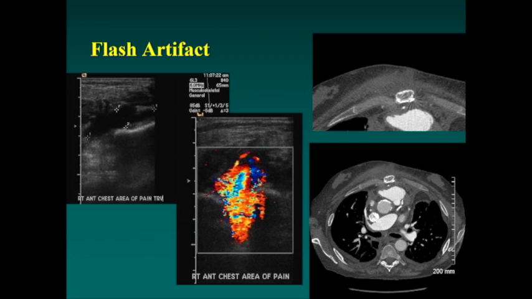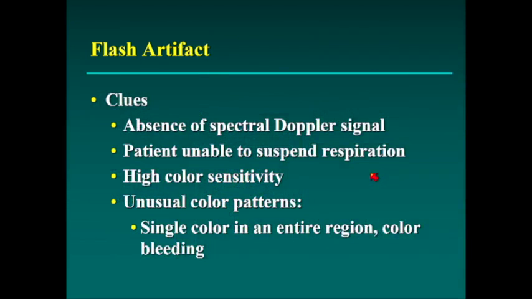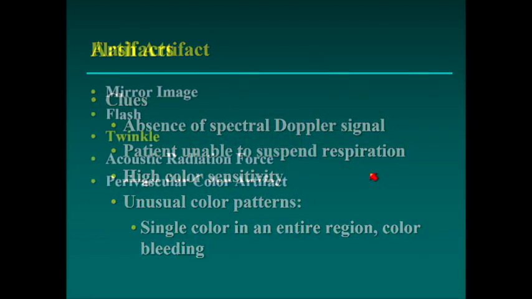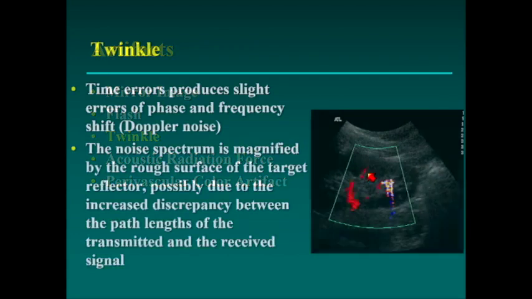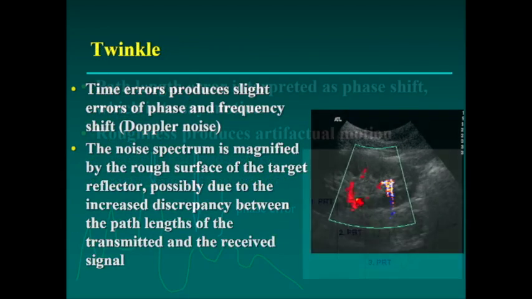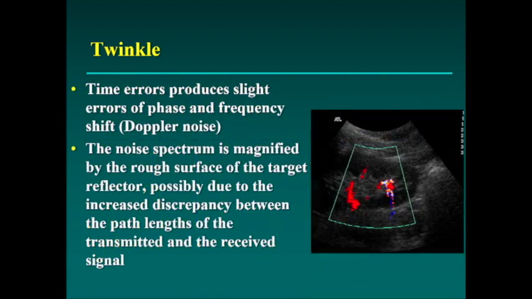Okay. The flash artifact, where movement of the heart causes color to be written within the grayscale, can make an abscess look like it is, in fact, a flow-containing structure. Twinkle, we all know about that. Twinkle is quite a popular artifact. It's seen around areas with highly reflective and roughened surface.